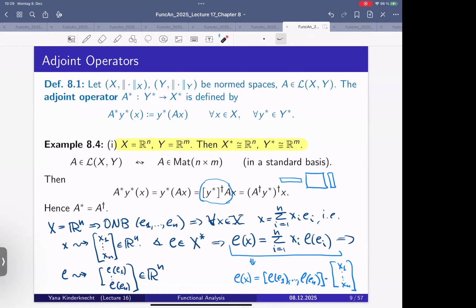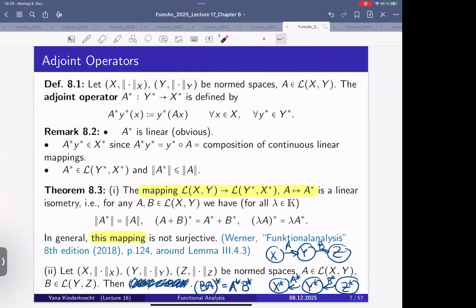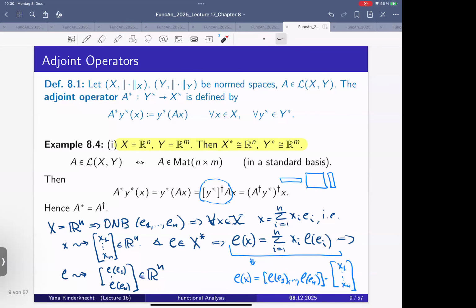Roughly speaking, this is exactly this situation. So you have a product of this and this, and I want to have it from the opposite side, so to say. That's why I transpose, multiply, and then transpose once again.